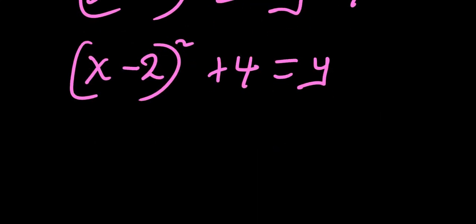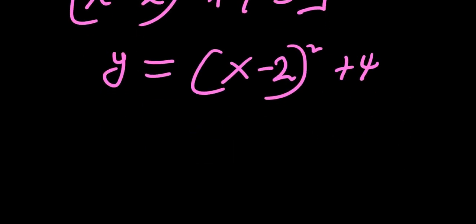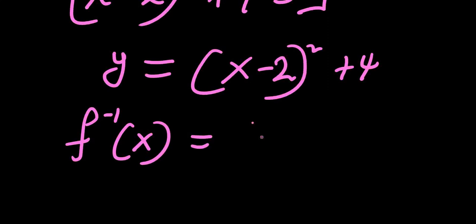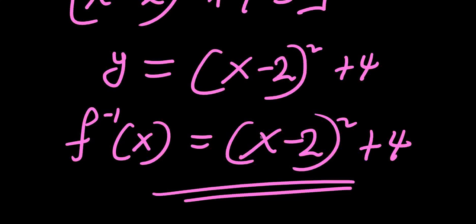Now we can also write it as y equal to x minus 2 squared plus 4. Finally, we are going to change y to the inverse function, which is f negative 1 of x is equal to x minus 2 squared plus 4. So this is the final answer to this question, and I hope it makes some sense.